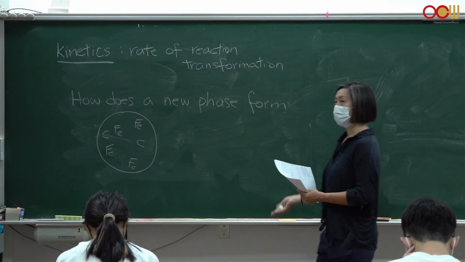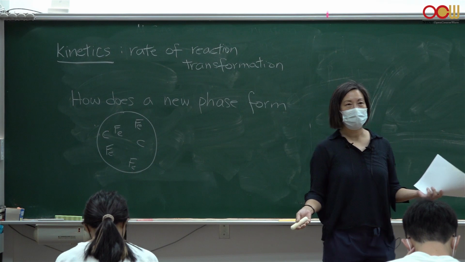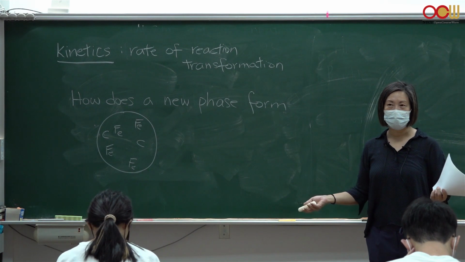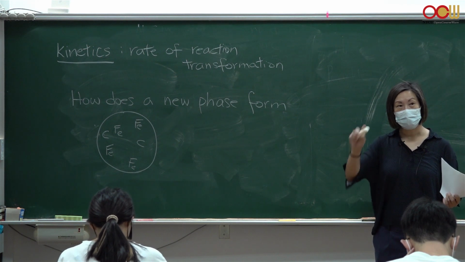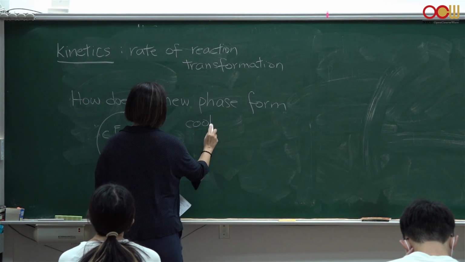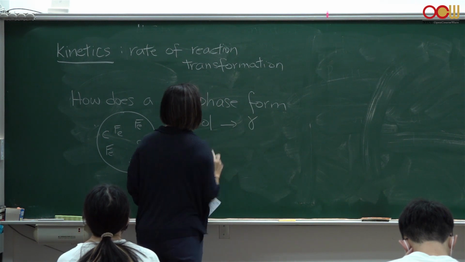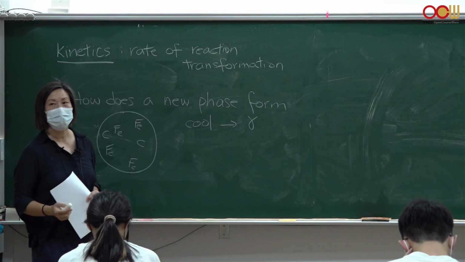I start to cool it down. And my phase diagram is showing that as I cool this down, I should get the austenite phase. So the gamma phase. Okay, that's what the phase diagram is telling me.